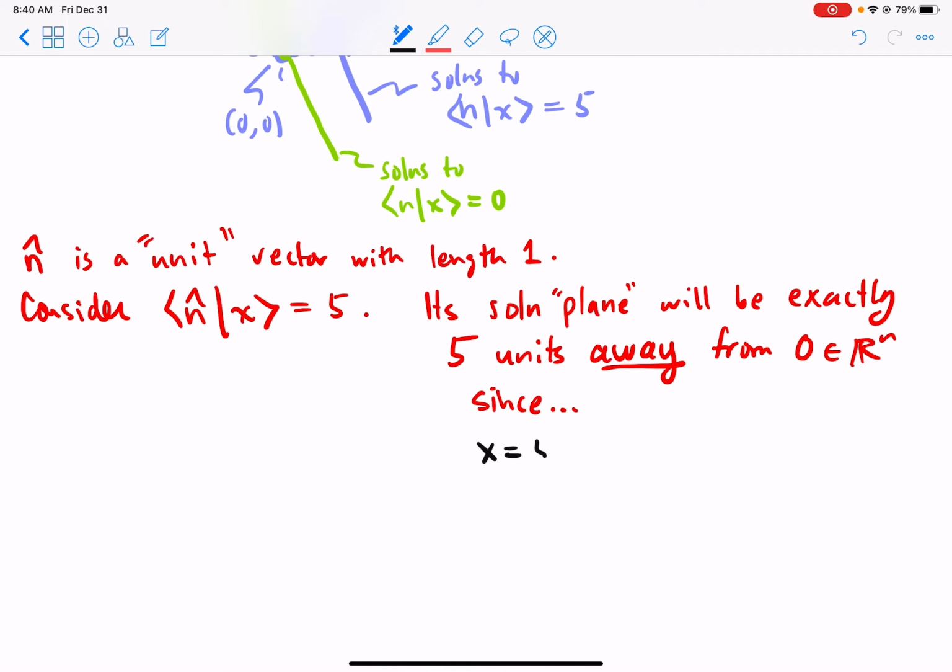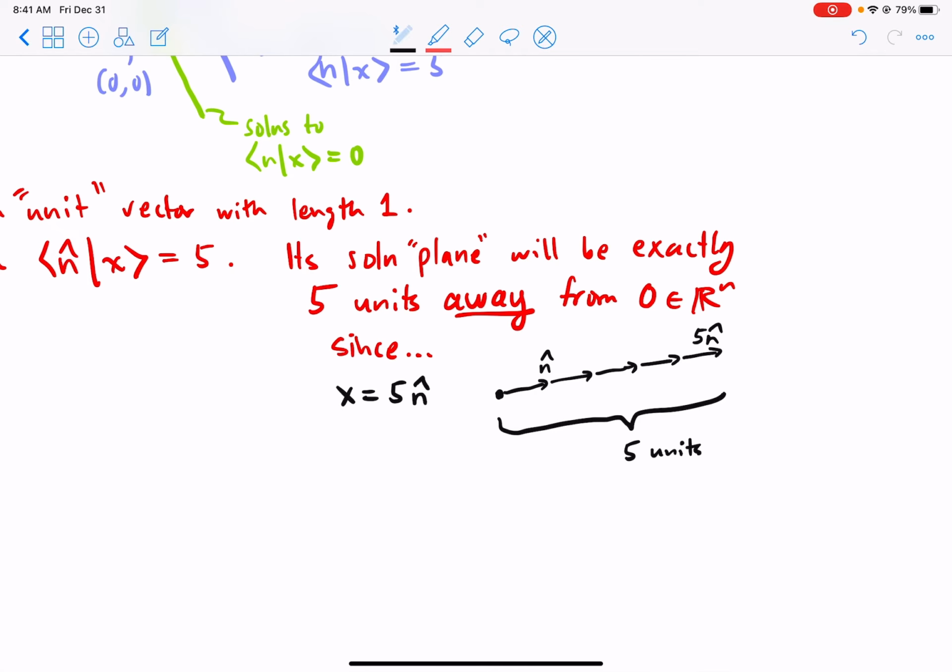If x is equal to 5 times n hat, well, here's one n hat, here's 2 n hats, here's 3 n hats, 4 n hats, 5 n hats. That will be a length of 5 units. And the claim is that this point is a solution.